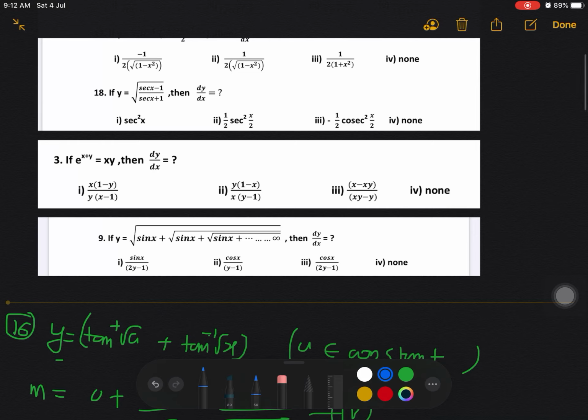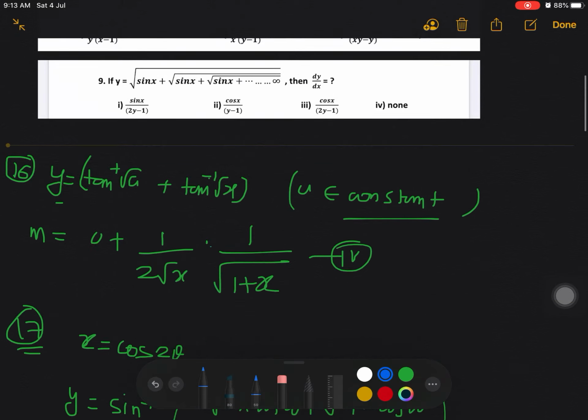Question number 9 is basically a kind of question which we must deal with in terms of infinite series. This question is quite difficult, but we can manage to solve it by squaring both sides and looking at the fact that the inner square root is nothing but the expression again.